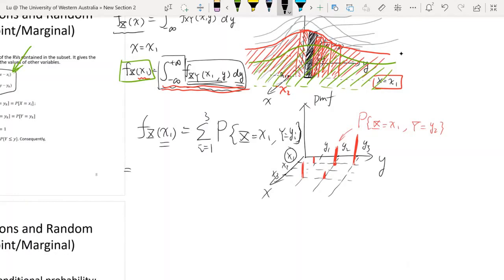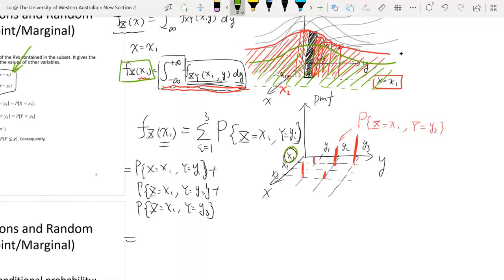This is equal to the summation of all the joint probabilities: x equals x1, y equals y1, plus x equals x1, y equals y2, plus x equals x1, y equals y3, because we have only 3 impulses in this example, so we just stop here. So for this given x1 point, we focus on all the impulses along this line.